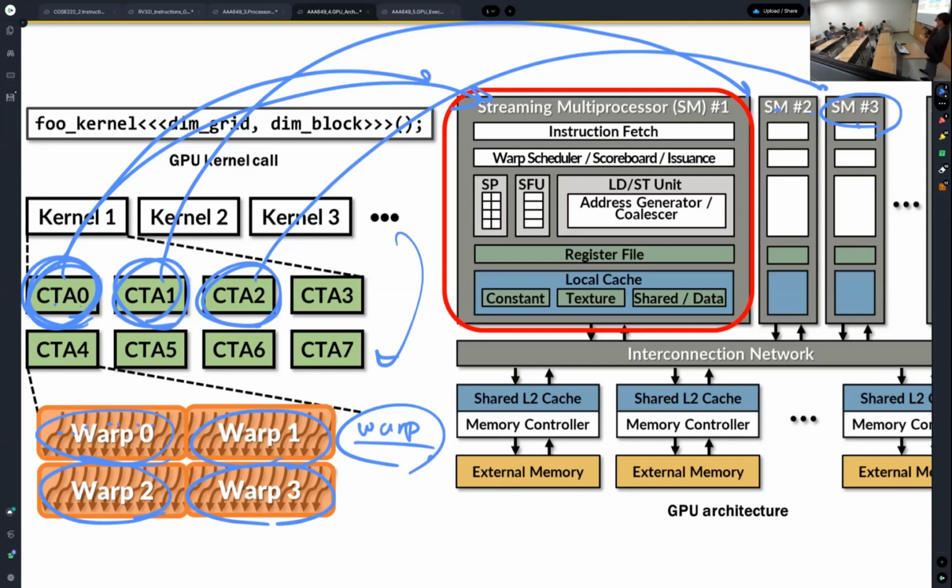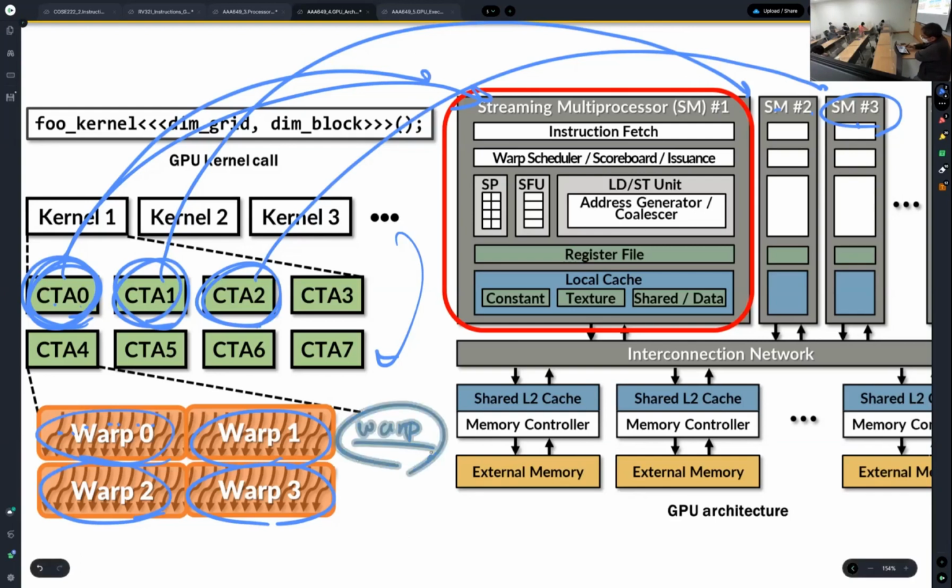So when the kernel is compiled, it generates the same instructions. The CTAs generated from the same kernel also share the same instructions, and the threads generated from a CTA also share the same kernel code.